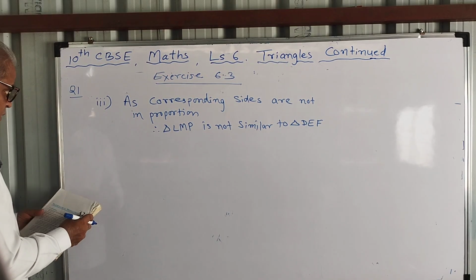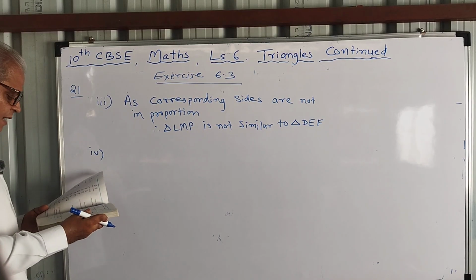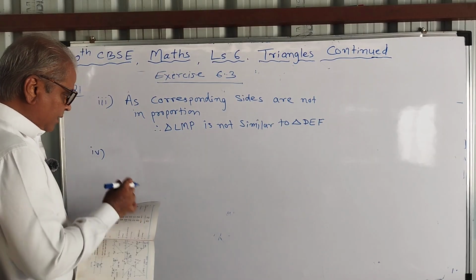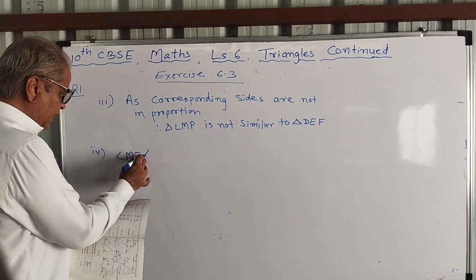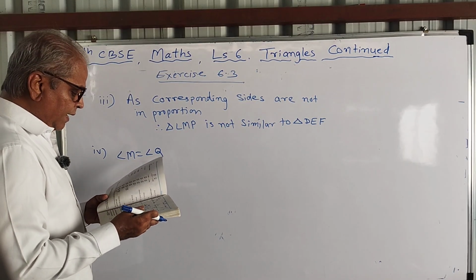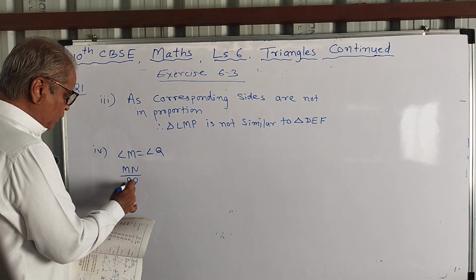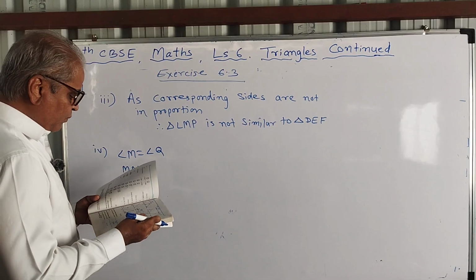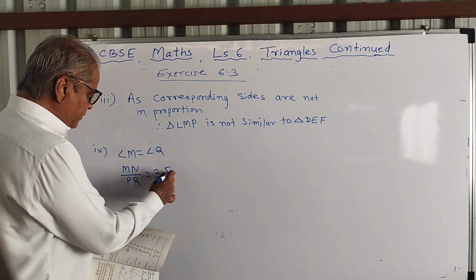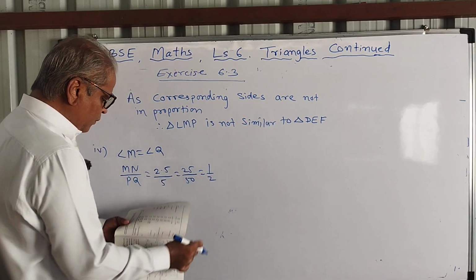Sub question number 4. See, one angle in this figure, angle M is equal to angle Q. It is given. And if you look at the sides, MN upon PQ is equal to 2.5 upon 5, that is 25 upon 50, which is 1 upon 2.